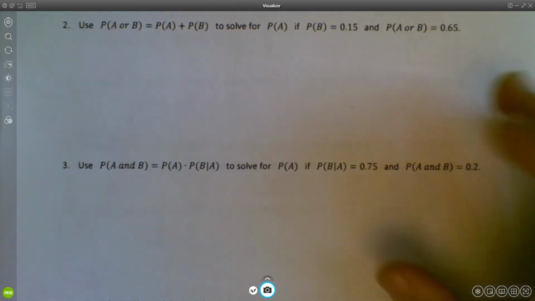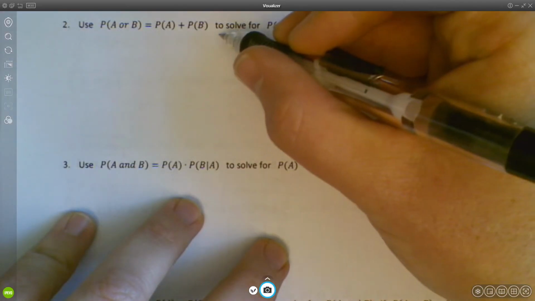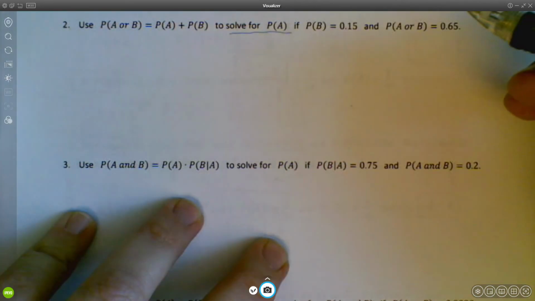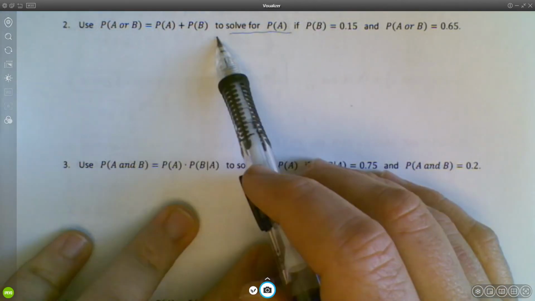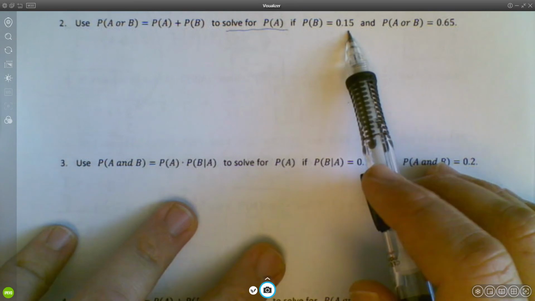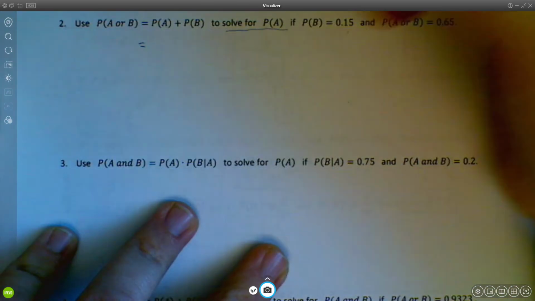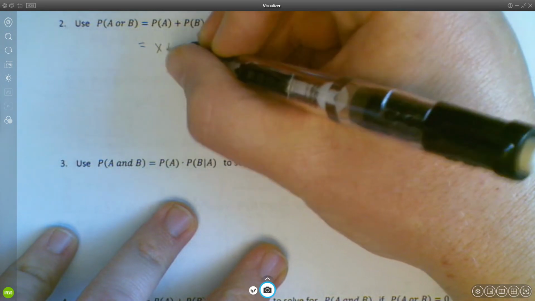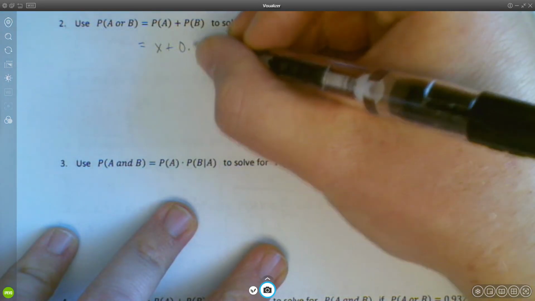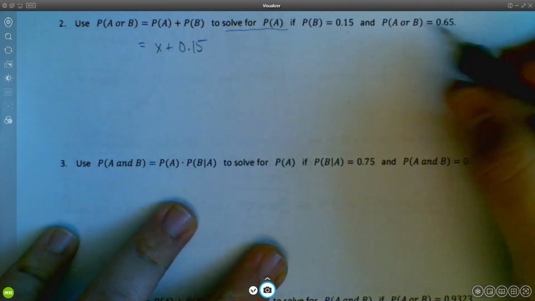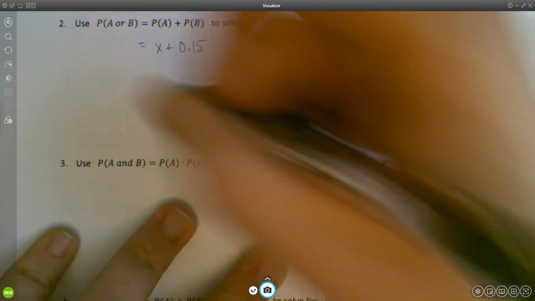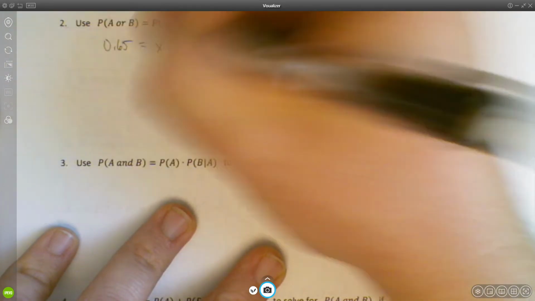Number 2, we're supposed to solve for probability of A using this formula. We're told that probability of B is 0.15, and we're told probability of A or B is 0.65.